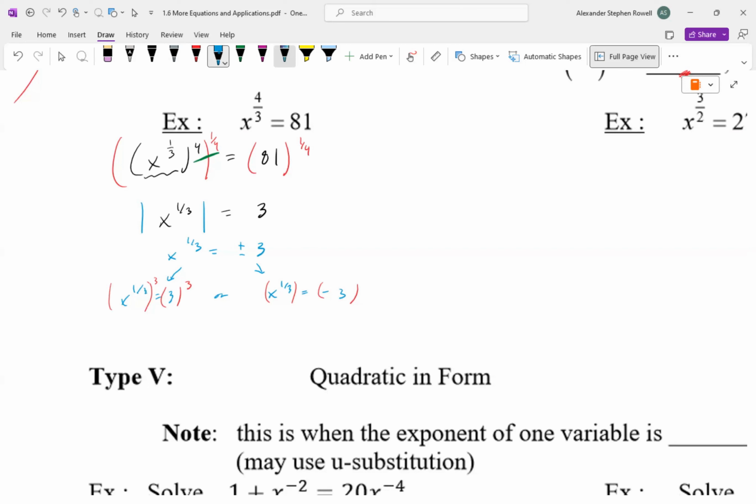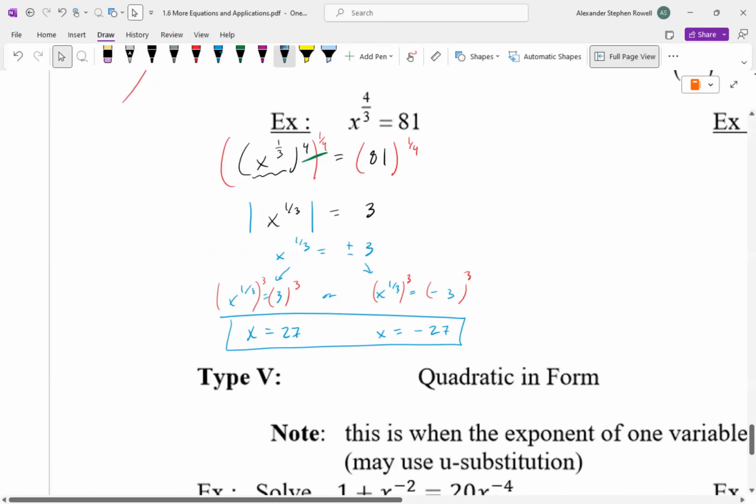And we get x is equal to 3 times 3 is 9, 9 times 3 is 27. You cube both sides. Negative 3 times negative 3, positive 9. 9 times negative 3 is negative 27. We got two solutions.